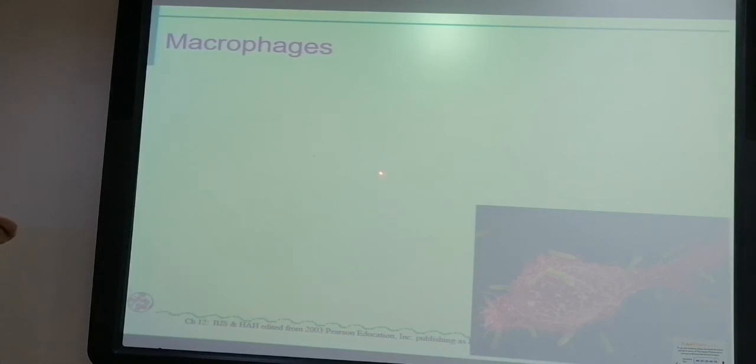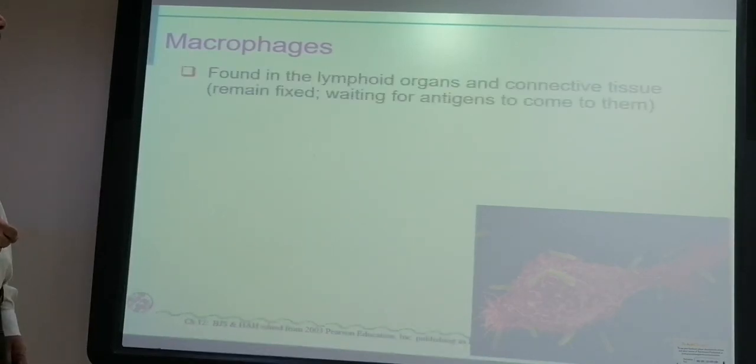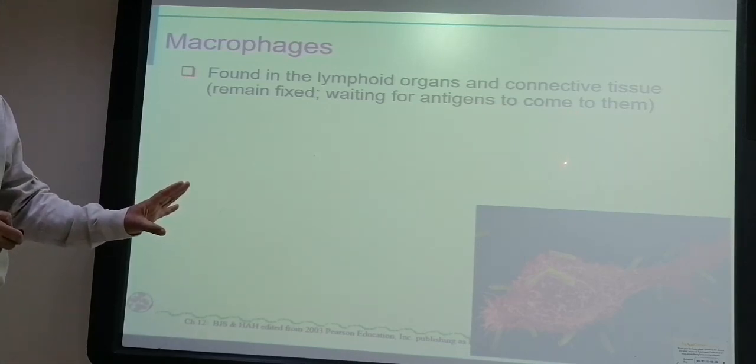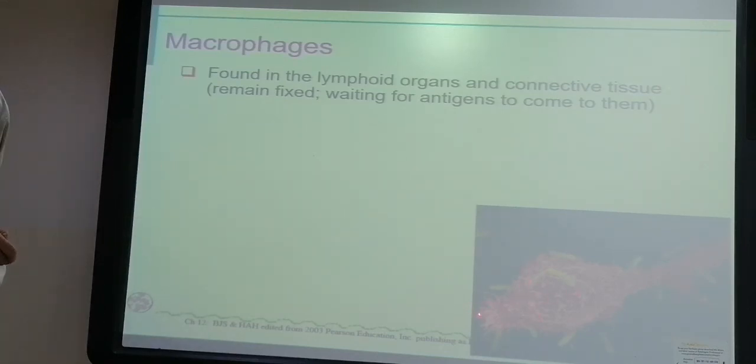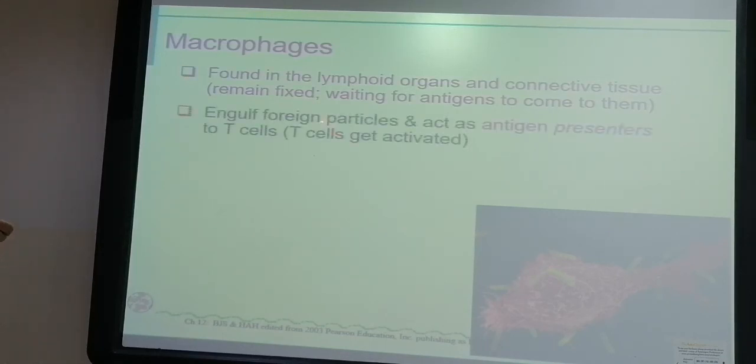The phagocytes are also found in the lymphoid organs and connective tissue, and they remain there. They will not go out, waiting for the antigen to come to them. When the antigen comes toward them, they will attack that antigen, engulf foreign particles and act as antigen presenters to T cells.